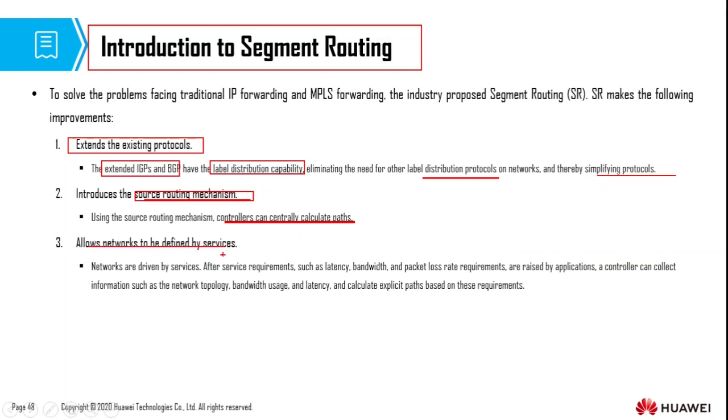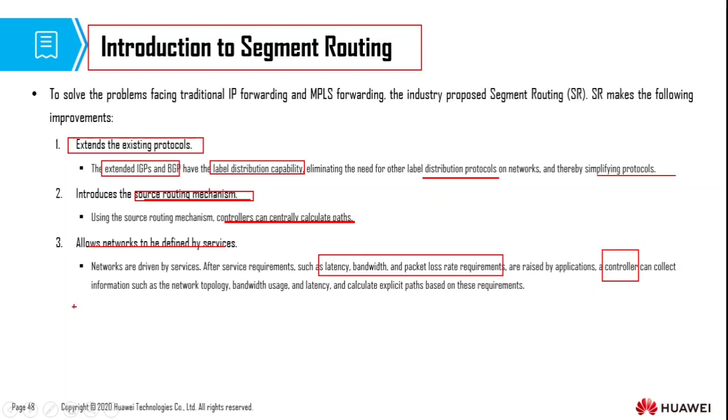Networks are driven by services after service requirements such as latency, bandwidth, and packet loss requirements are raised by applicants. A controller, when you talk about a controller, means we have a central device that is doing all the control plane calculations, and that is what we call software-defined networks.